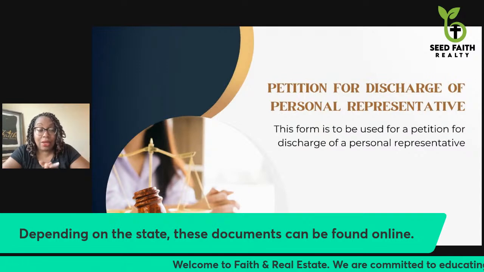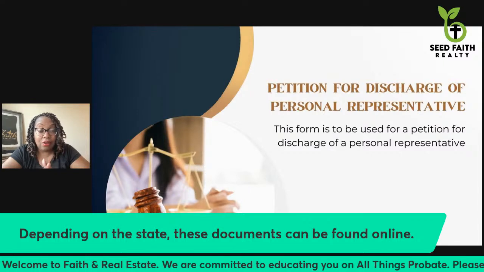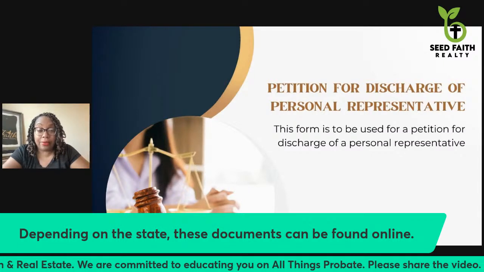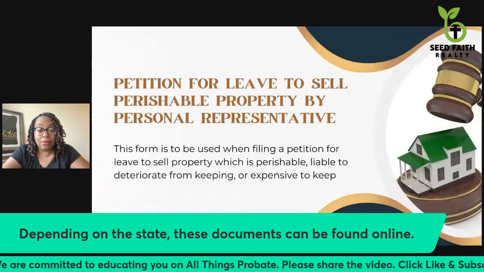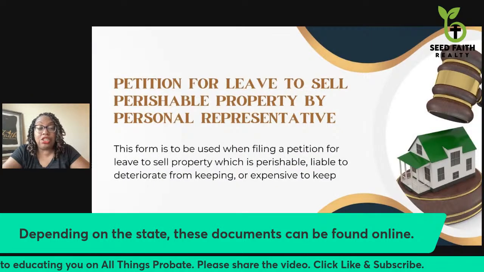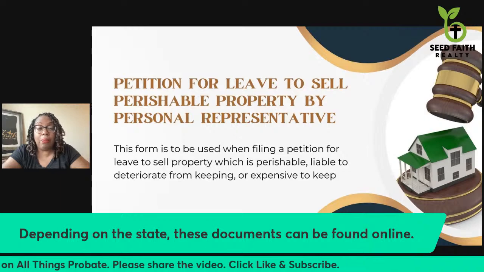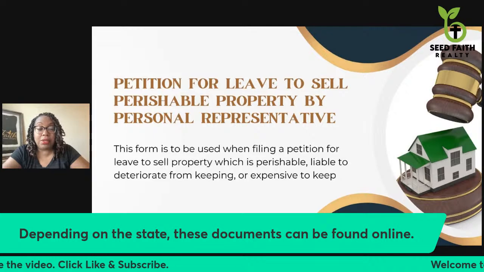So guess what? There's a petition to ask the court for permission to do that. Okay, we have a petition for leave to sell perishable property by a personal representative.